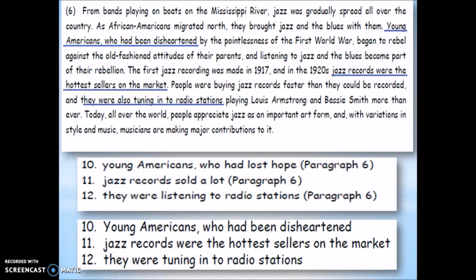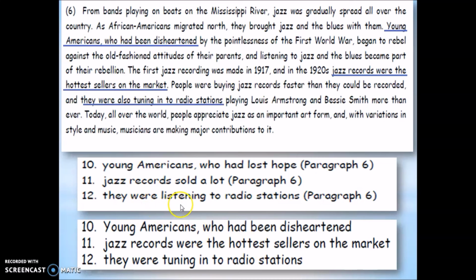Young Americans who had lost hope, young Americans who had been disheartened. Disheartened could be expressed this way as well. Who had lost hope, meaning hopeless. Jazz records sold a lot. So jazz records were the hottest sellers. That means they were sold out. They were selling very well in the market.